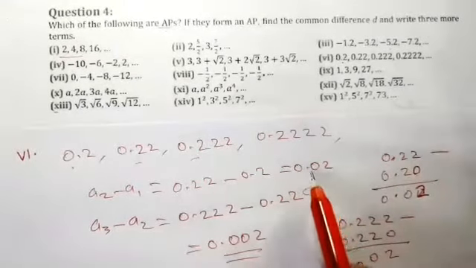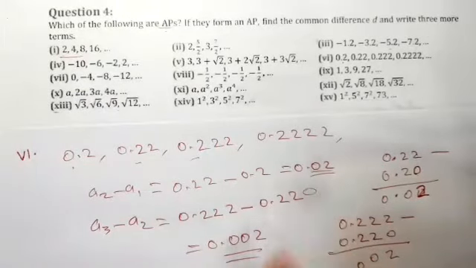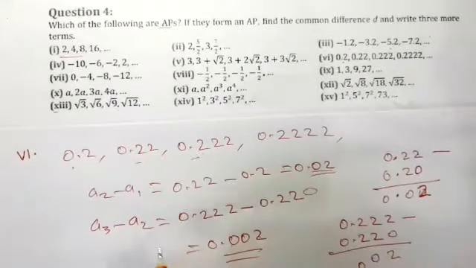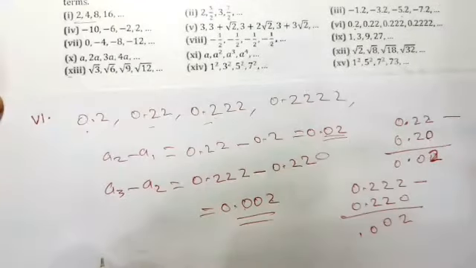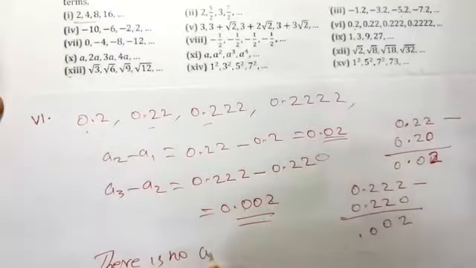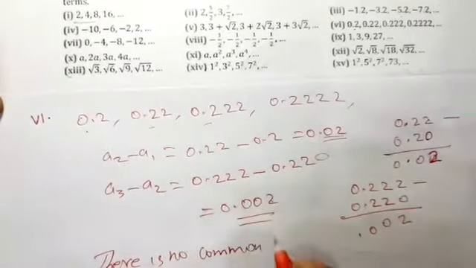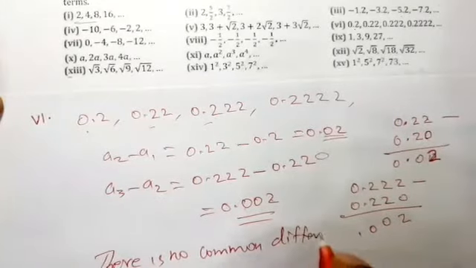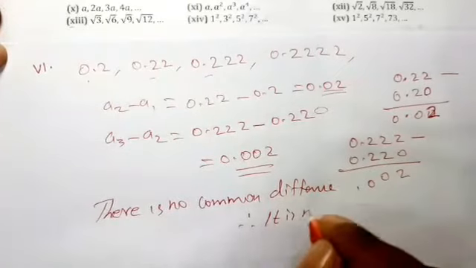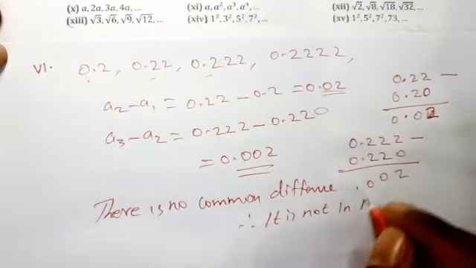In the first case 0.02, but here 0.002, so it is different. So there is no common difference. The difference is not common. So it is not in AP.